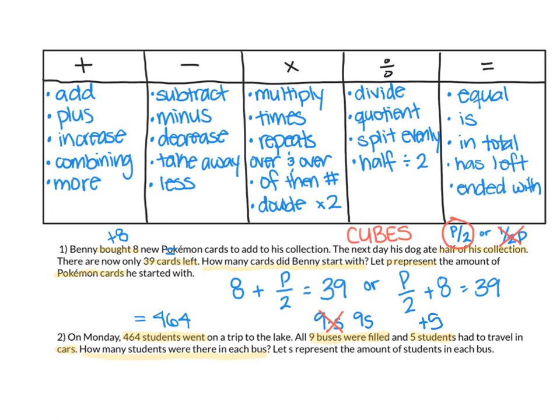So we basically see what we have. Again, going from left to right, we have equals 464. We have that 9 buses were filled, and we also know that 5 more students rode in cars. So here we go, our last equation.